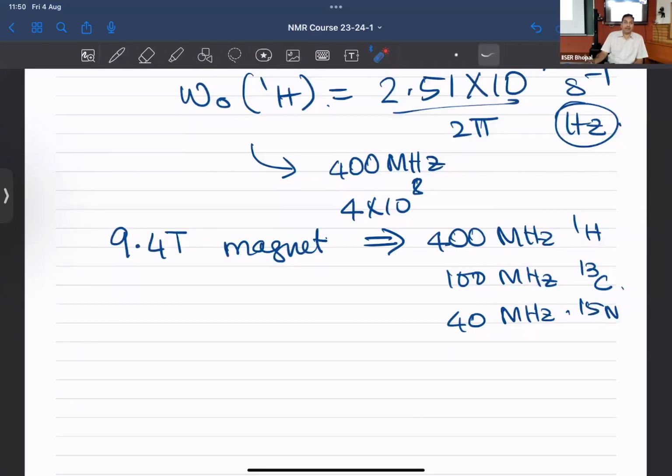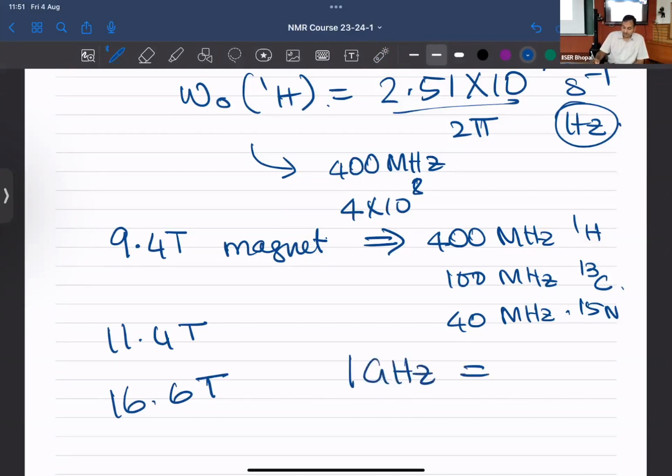The SI unit of magnetic field is Tesla. But if you speak with NMR spectroscopists, when we talk about a magnet, we'll say, oh, it's a 400 megahertz magnet. You should also think about what is 11.4 Tesla, what is 16.6 Tesla maybe, and also convert the other way. 1 gigahertz has to be how many Tesla magnet?